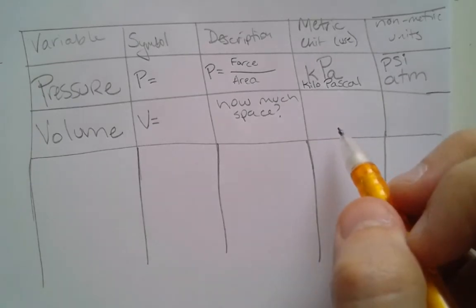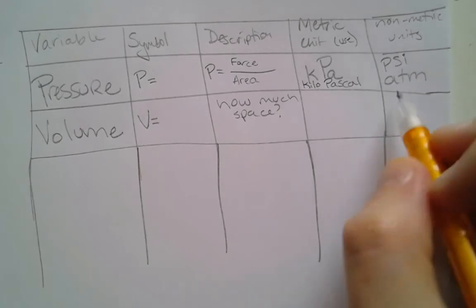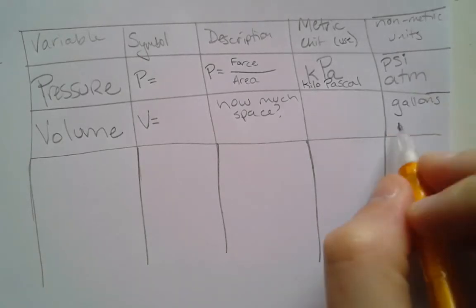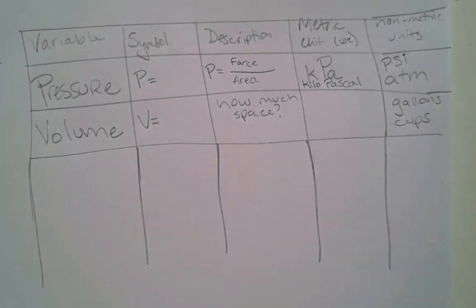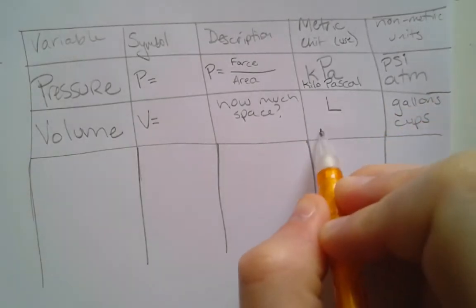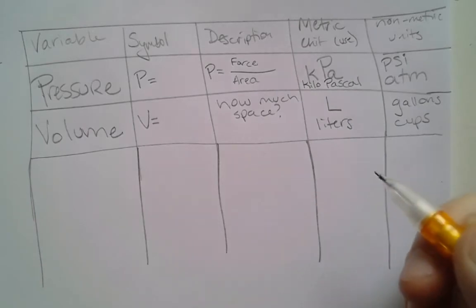The units for volume: non-metric units include things like gallons, cups, things that measure how much space something takes up. Metric units, similar to gallons, but the metric equivalent is liters. We will be using liters to measure volume.